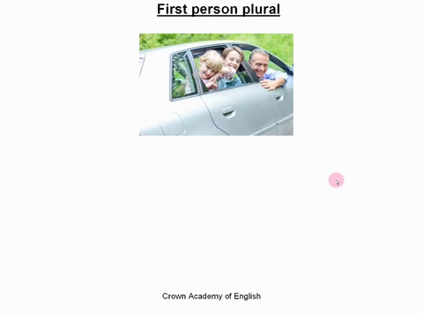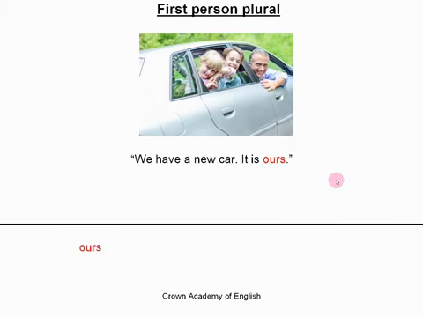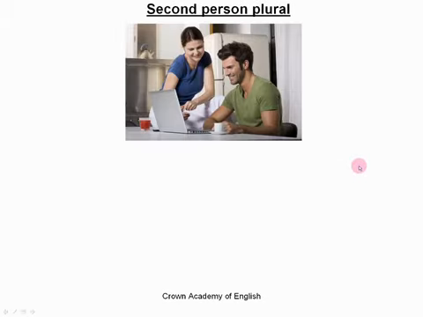First person plural. We have a new car. It is ours. Ours is the first person plural. So that is we or our plus the noun. Okay? Ours with an S. Second person plural.